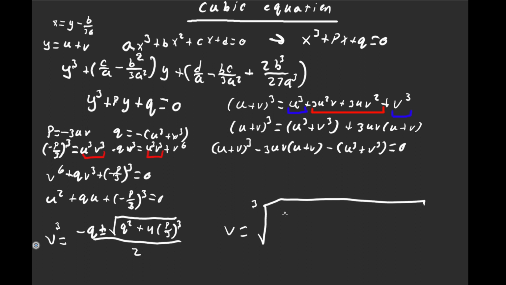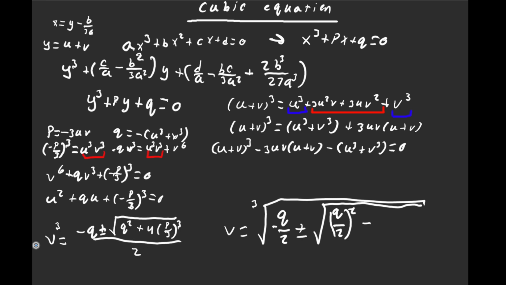Now, just messing around with this, we could end up getting v is equal to the cube root of minus q over 2, plus or minus the square root of q over 2 squared, since we're basically fitting the 2 into the square root.